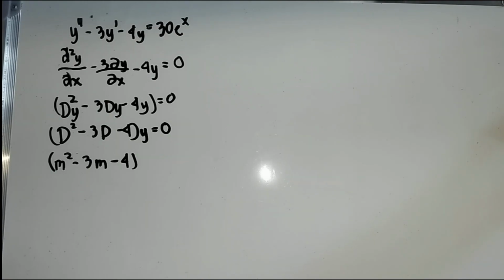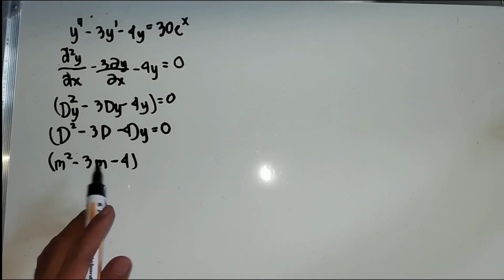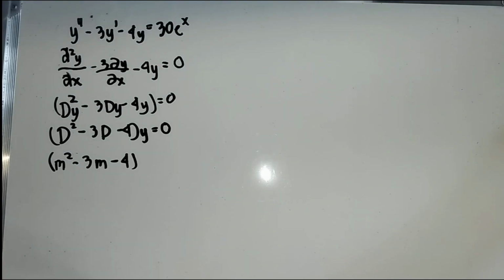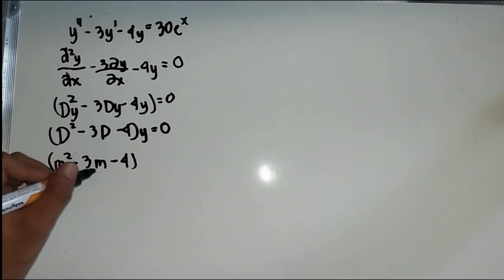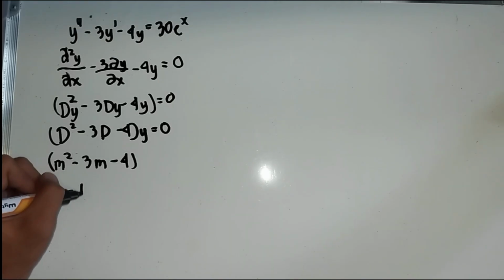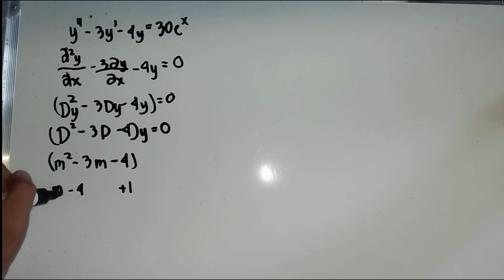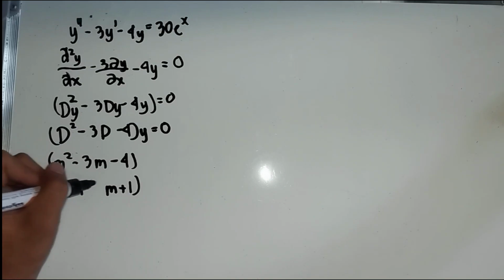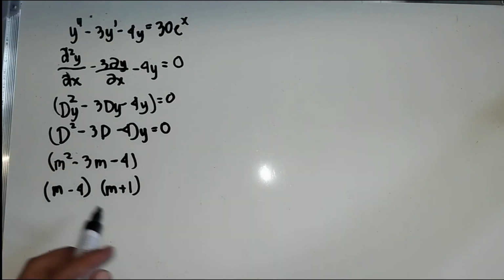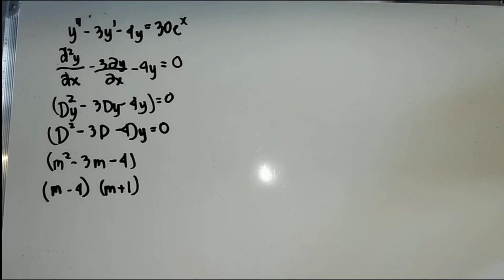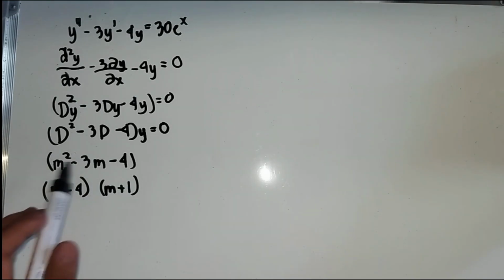We think of two numbers that multiply to a product of negative 4 and add to a sum of negative 3. Those two numbers are negative 4 and positive 1, so these are our two factors for this quadratic equation.